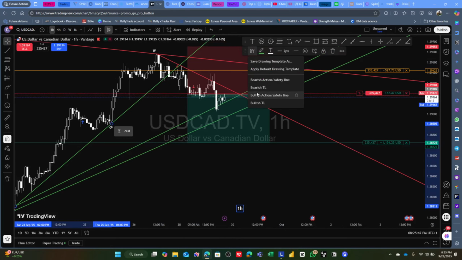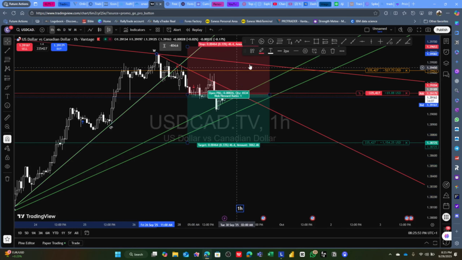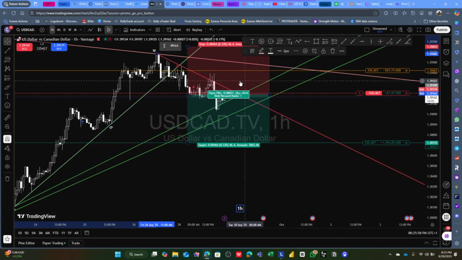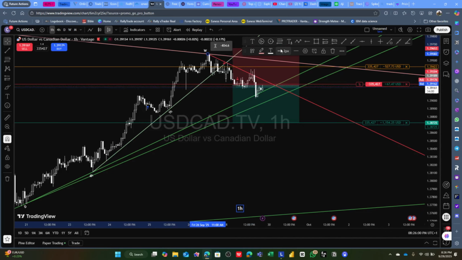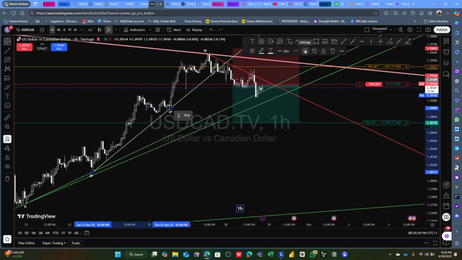I didn't even specify that break much, so let me specify it now. So this was supposed to be my safety line, as you can see. And this was my action line.